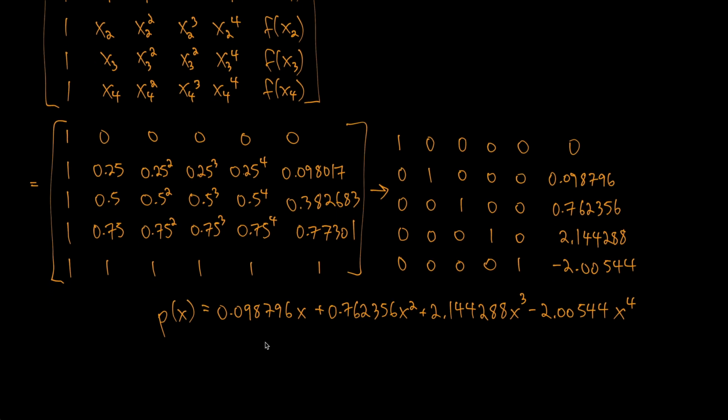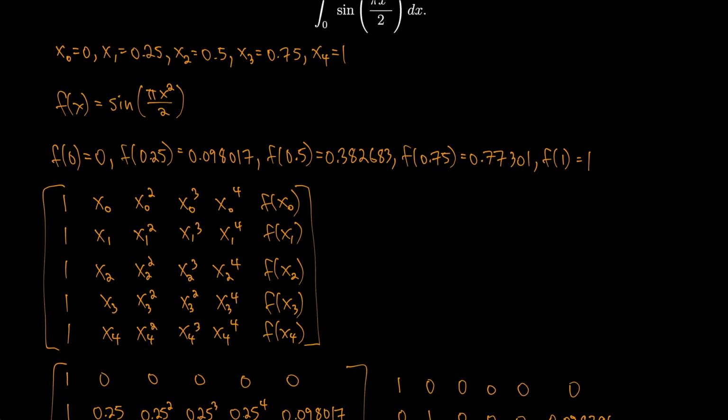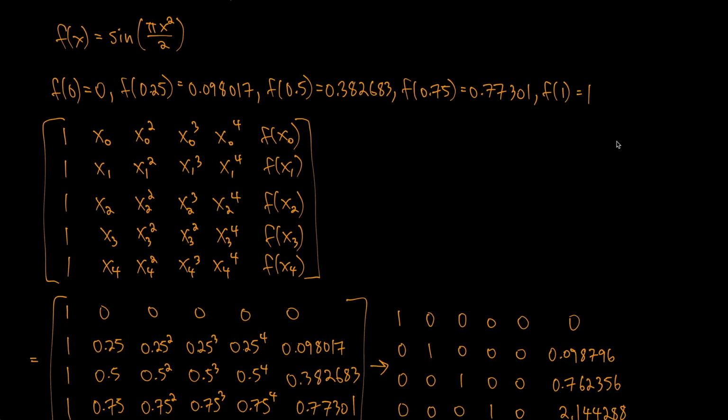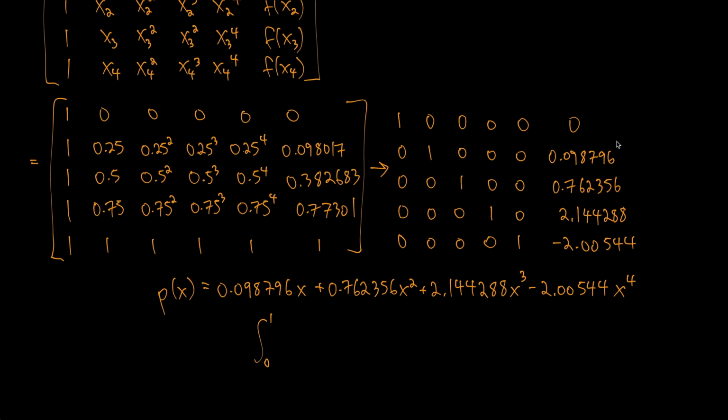And if I integrate that polynomial, which is much easier than integrating this original function, I can just do that way more easily, and I'll get roughly 0.438501.